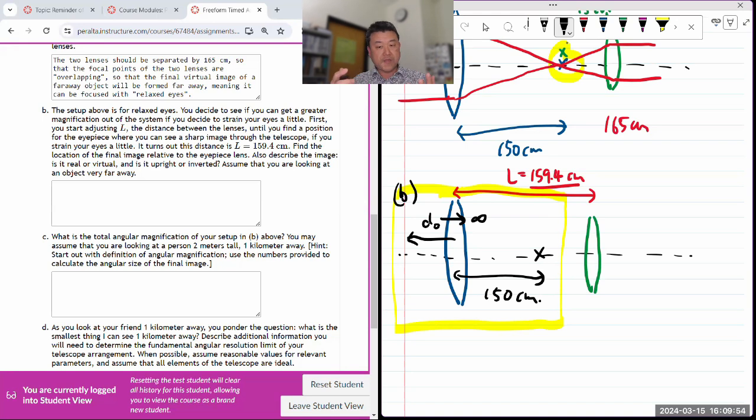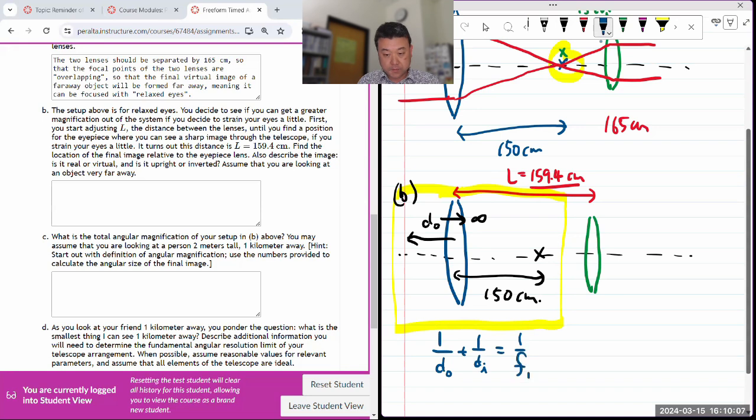So you go through the analysis to see where the image will be. It'll be at the focal point, but let me just go through the analysis. You use the thin lens equation, 1 over DO plus 1 over DI is equal to 1 over F1, or F objective. Then with DO going to infinity, this whole term goes to 0, which means 1 over DI goes to 1 over F objective.